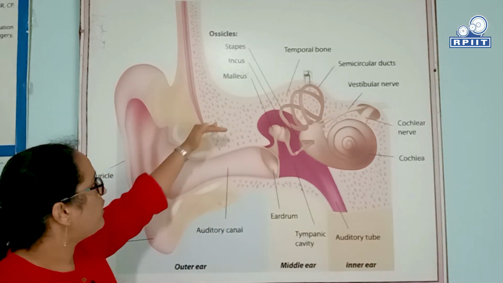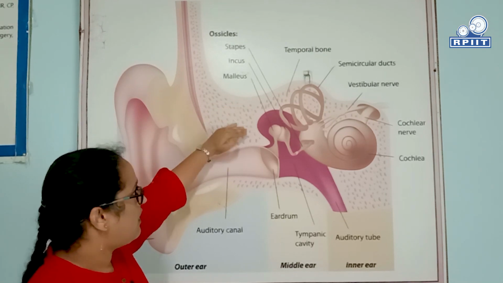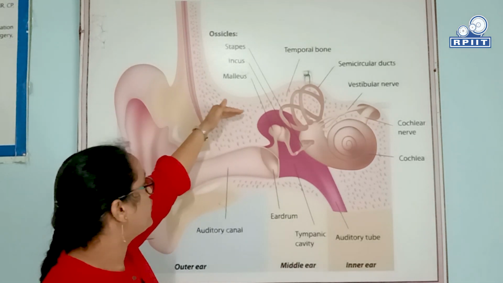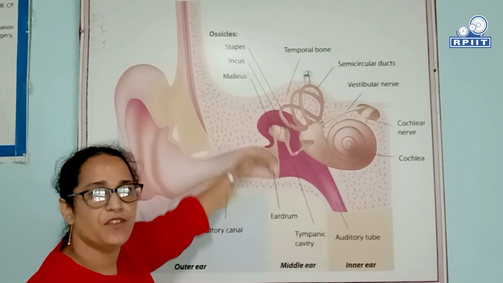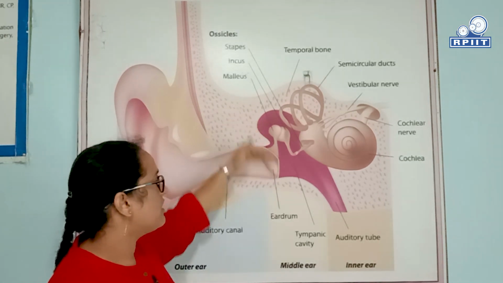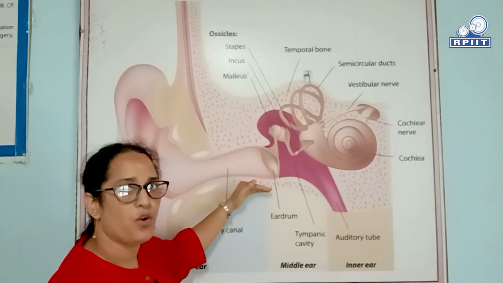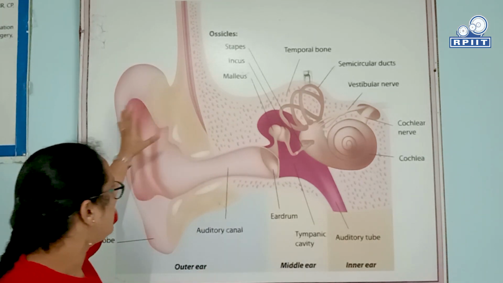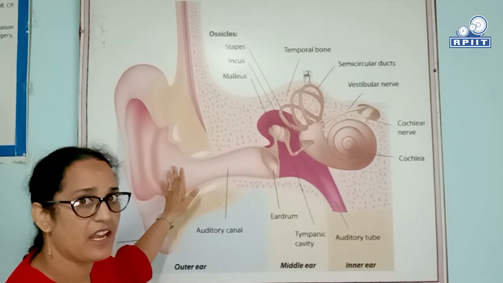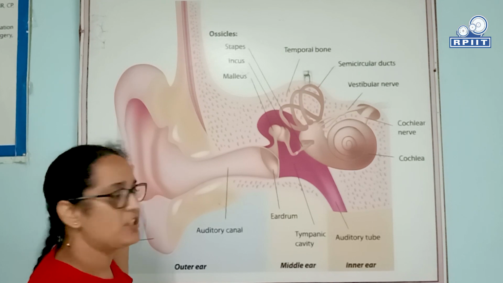The roof as well as the floor of the ear is encased in the petrous portion of the temporal bone. So let's talk about the physiology of hearing. What is the ear meant for?